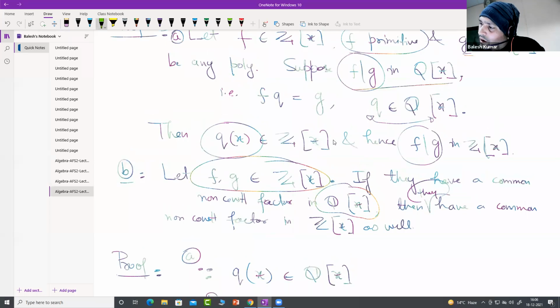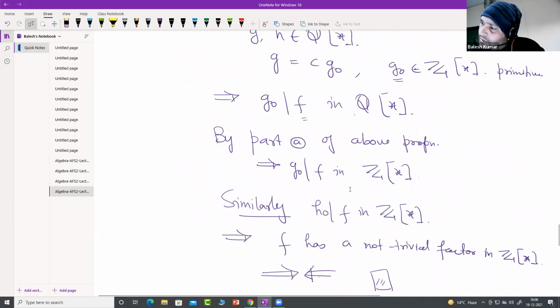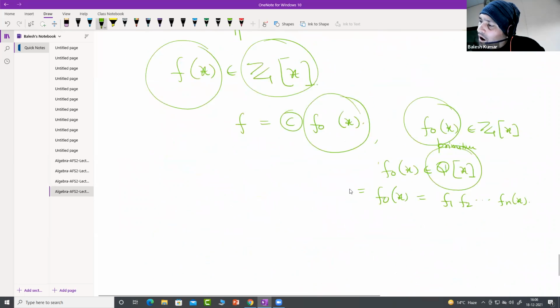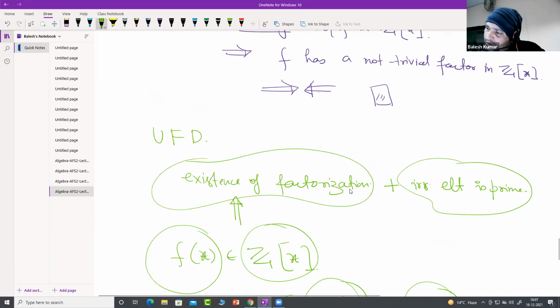If you have a common factor in Q[x], then you do have a common factor in Z[x] also. So if we use that fact, we can find the factors of f0 inside Z[x] also. Therefore, the existence of factorization holds inside Z[x], and the only thing we need to prove is that every irreducible element is a prime.